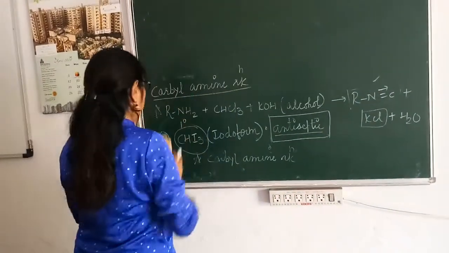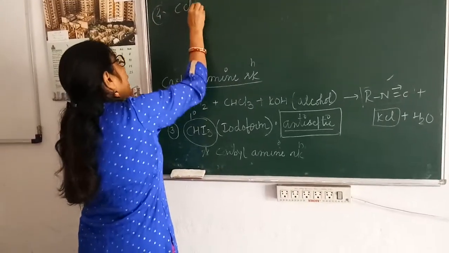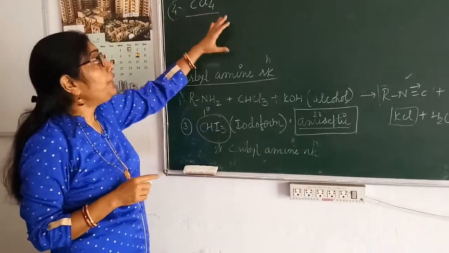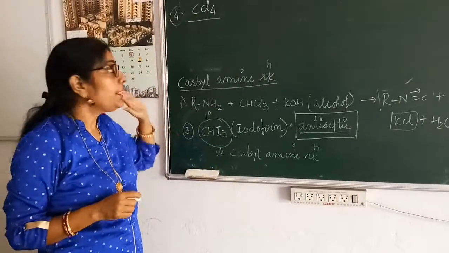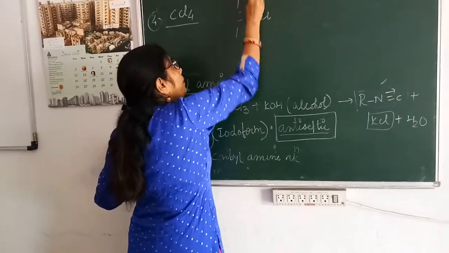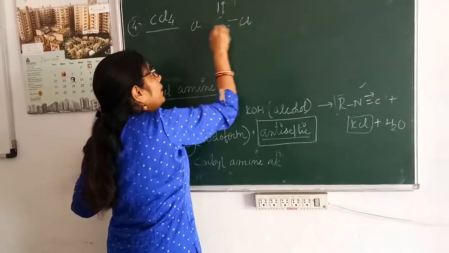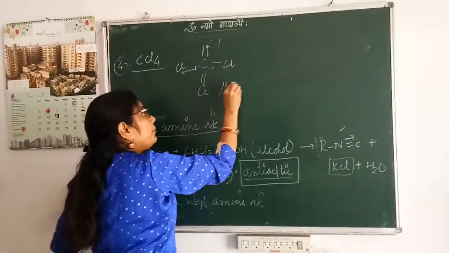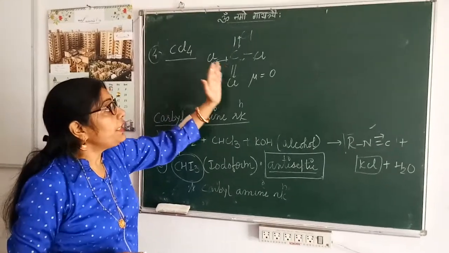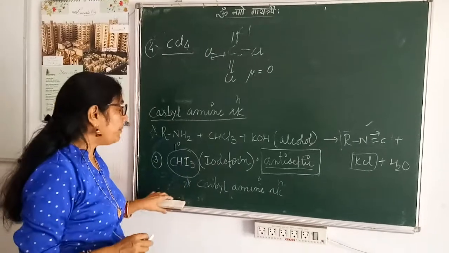After chloroform and iodoform, next we have carbon tetrachloride, CCl4. Tetrachloromethane is the IUPAC name, and you can see that it is non-polar in nature, since all the dipole moments get cancelled, so in this case mu is equal to 0. Therefore it is an excellent solvent for non-polar organic compounds.